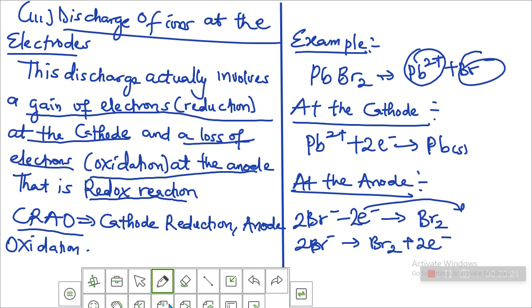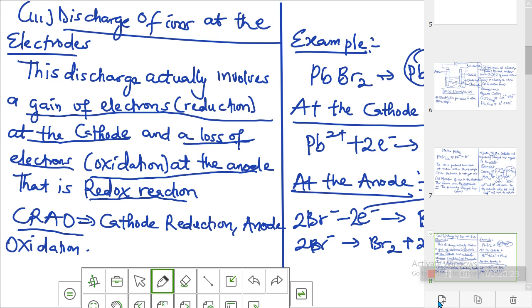Let's do a lot of things so that it will not be as if we are just brushing things up. Now, they give you that of chlorine. Chlorine is at the anode. You can quickly pause the video and do that.